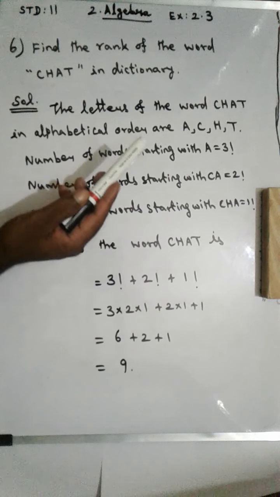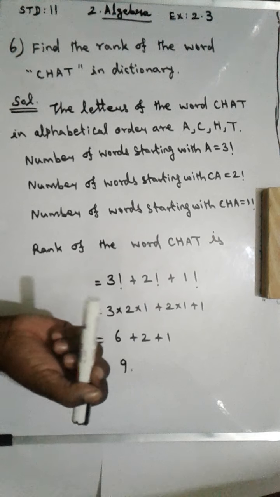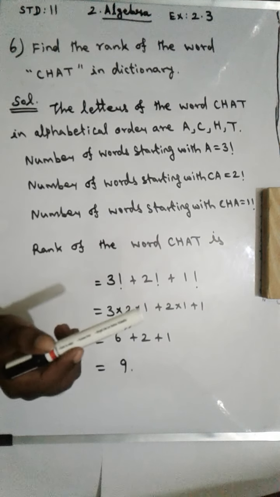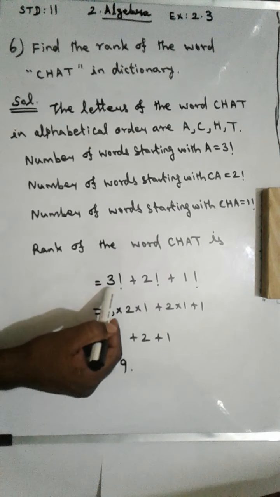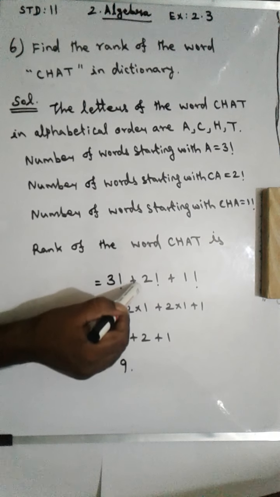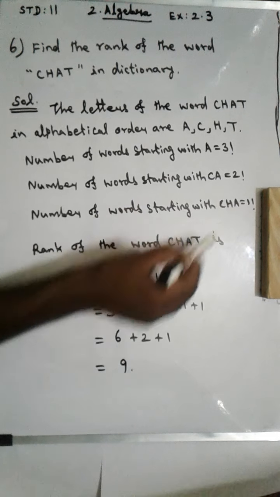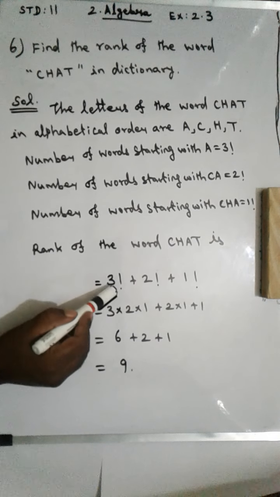Next, the last one, we take T, and we get the word CHAT. The rank of the word CHAT is 3 factorial plus 2 factorial plus 1 factorial.